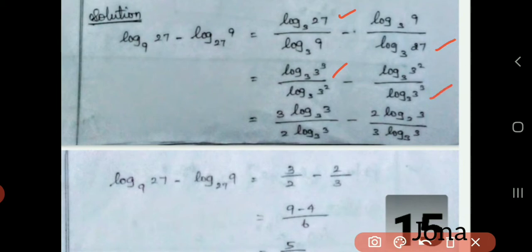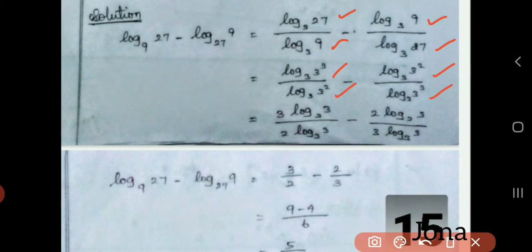Even here also I can write the same base 3: log 9 base 3 over log 27 base 3. Then I want to write 27 as 3 cube and 9 as 3 square.